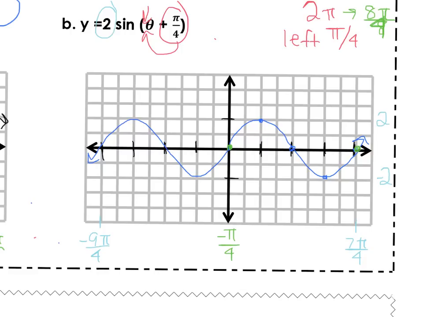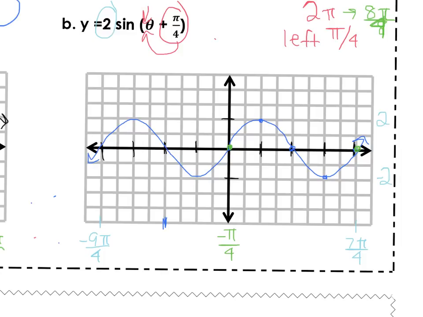Okay? All right, the next value I can label is the halfway mark. Let's just keep playing around with the negative side. What's halfway between negative pi over 4 and negative 9 pi over 4? Well, the total distance between negative pi and negative 9 pi is 8 pi, okay, which means half of that is 4 pi.